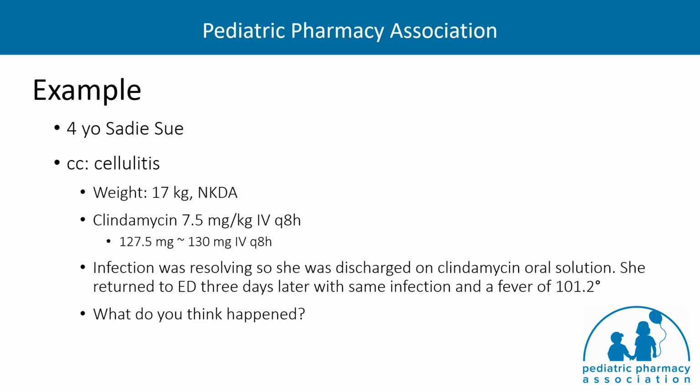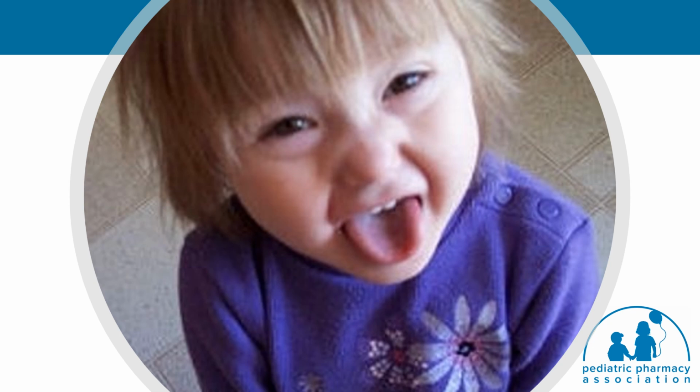However, 3 days later, she returns to the ED with the same infection and a fever of 101.2. So what do you think happened to poor Sadie Sue? When talking to Sadie, she tells you that the clindamycin was yucky times 8.